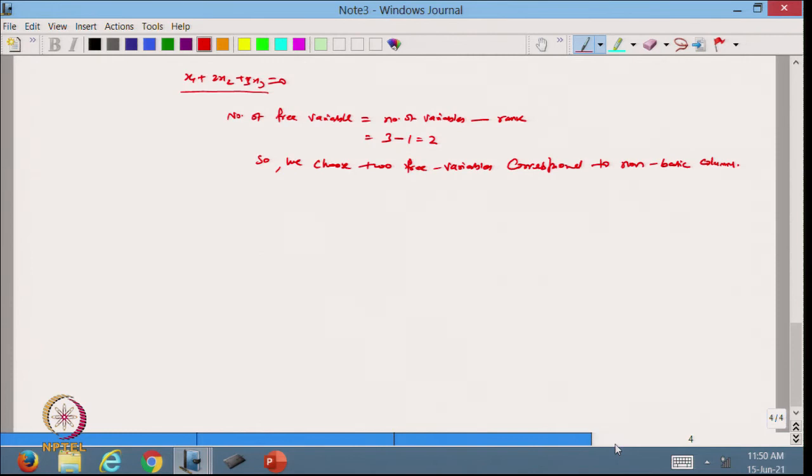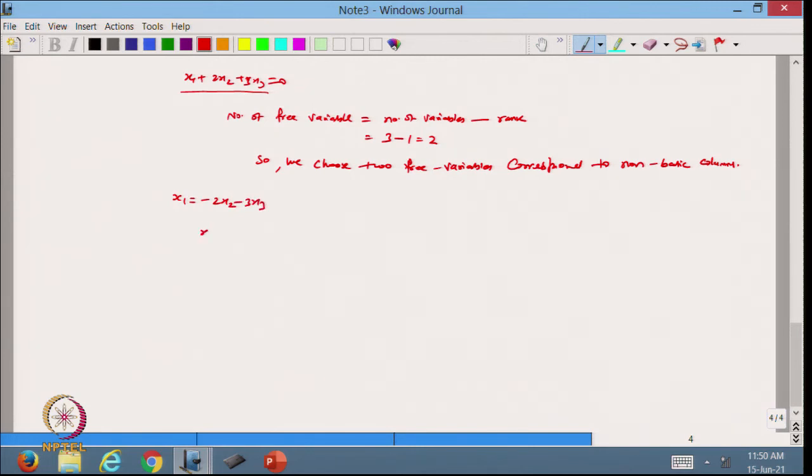So, from here I can say that my Ax is going to be, now from here, what I can write down is x1 is equal to minus 2x2 minus 3x3.